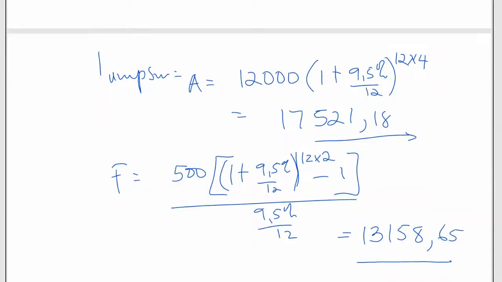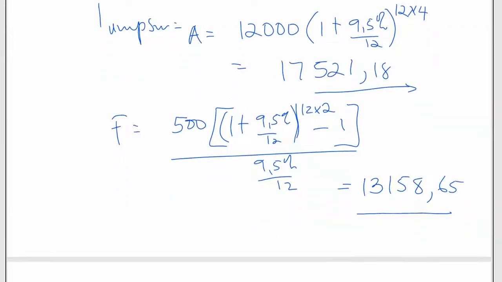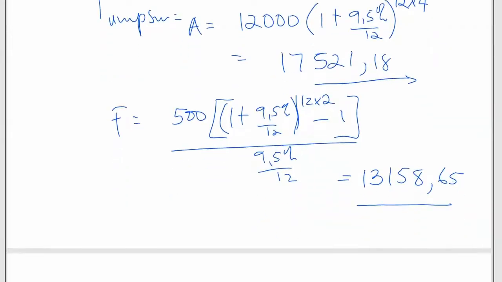Is that correct? Does that even make some sense there? So it's saying 500 into 1 plus 9.5% over 12 to the exponent of 24 minus 1 over that. So I'm getting 13,000, guys, for the 2 years.